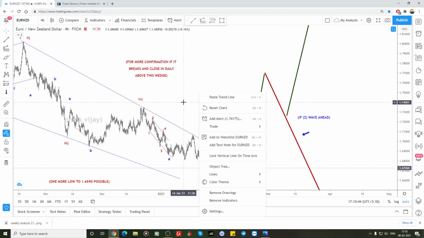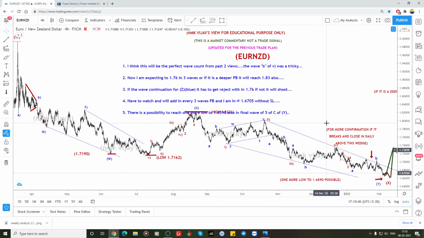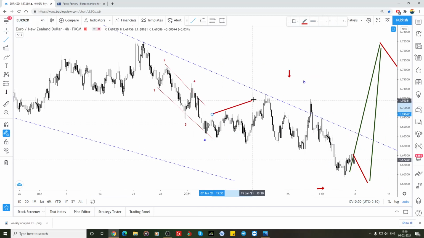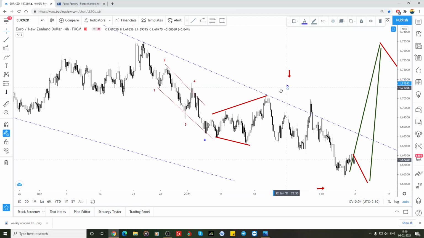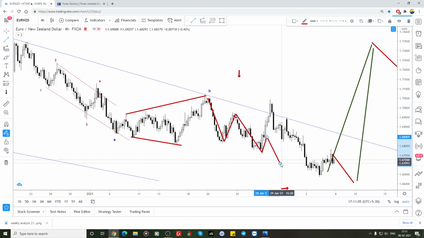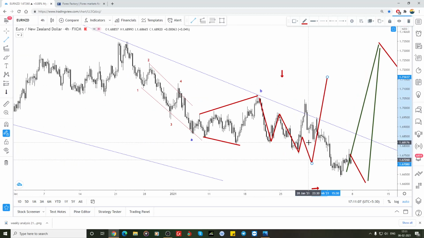So Euro New Zealand also. From here, previously what I said is this is an expanding triangle in the B wave, and what I looked at here is this is wave 1, this is wave 2, and this is wave 3, and wave 4 and wave 5 have to come down and then it has to shoot, right?